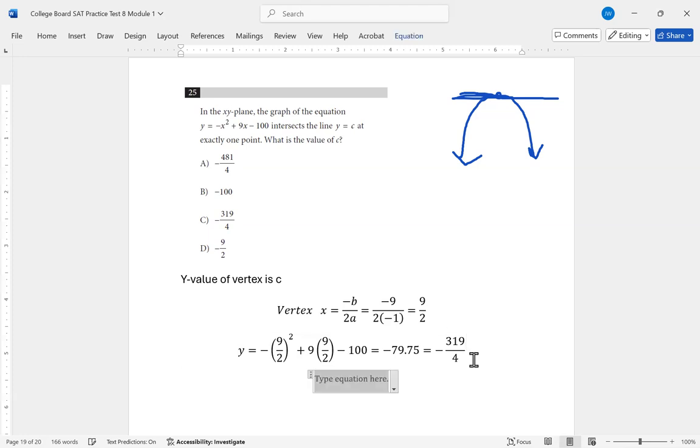And that means that value of c needs to be negative 319 over 4. So negative 319 over 4 is option C, and therefore option C, negative 319 over 4, is the answer to question 25.